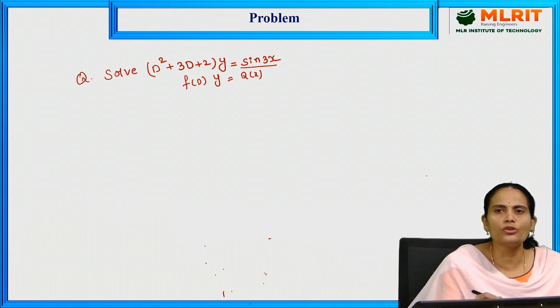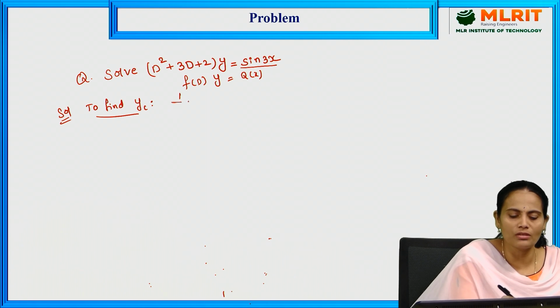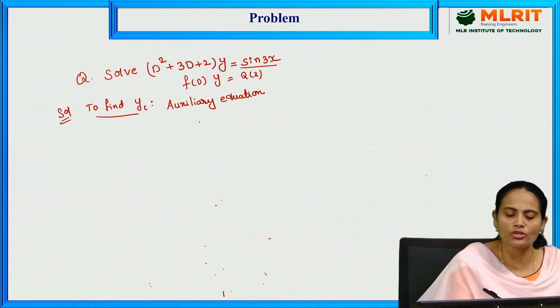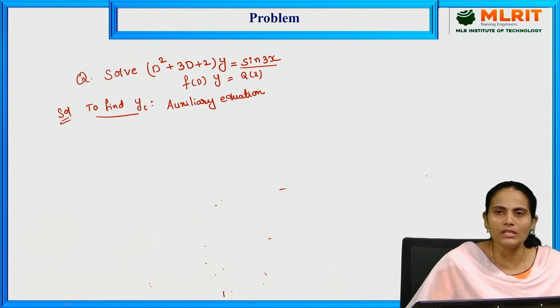Before finding the particular integral, we have to find the complementary function first. To find the complementary function, we take the auxiliary equation, which is the algebraic equation f of m equal to 0.